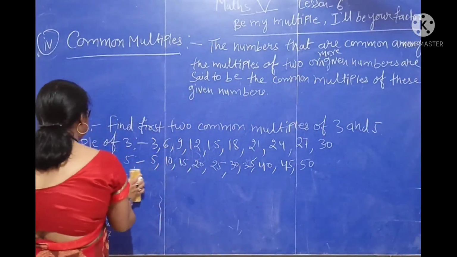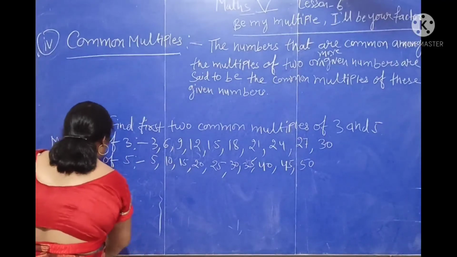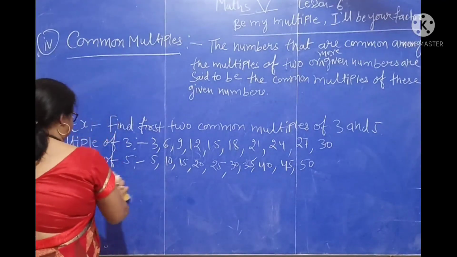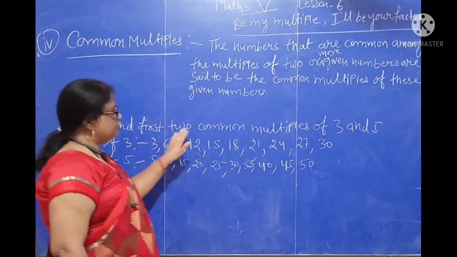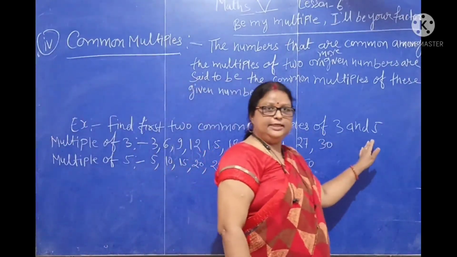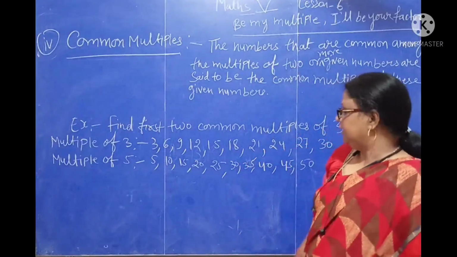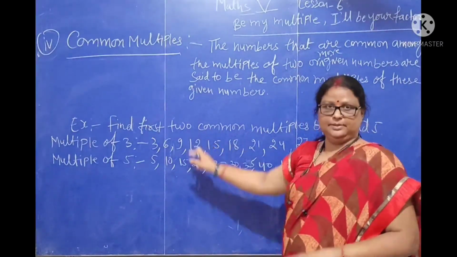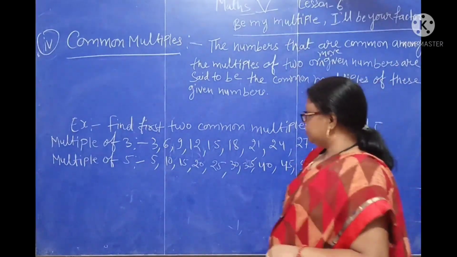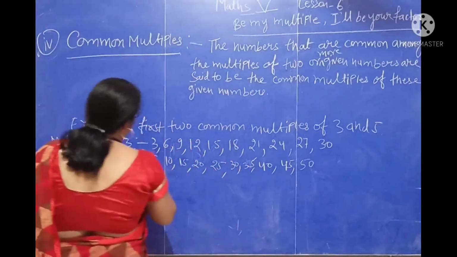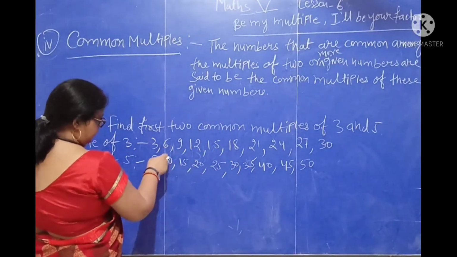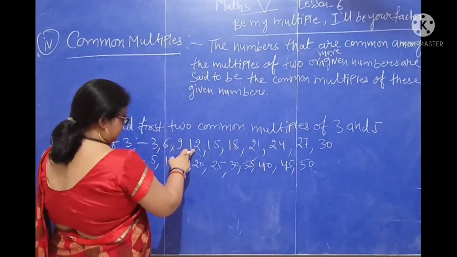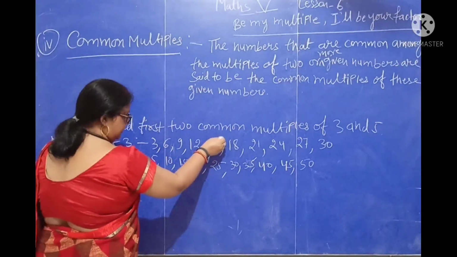So our question is: find the first two common multiples of 3 and 5. We have to find the first two common multiples. So let's find. Here is 3, here is 5, here is 6, here is 10, here is 9, here is 15, here is 12, here is 15.